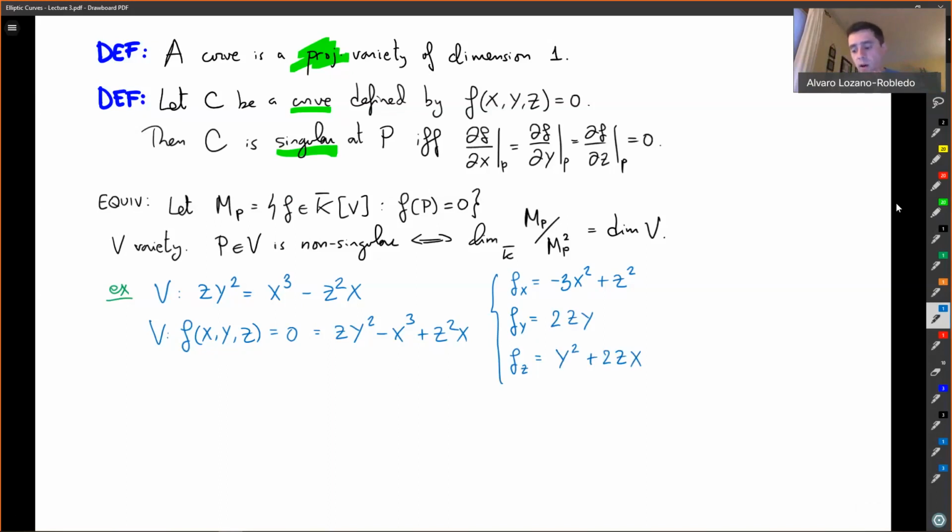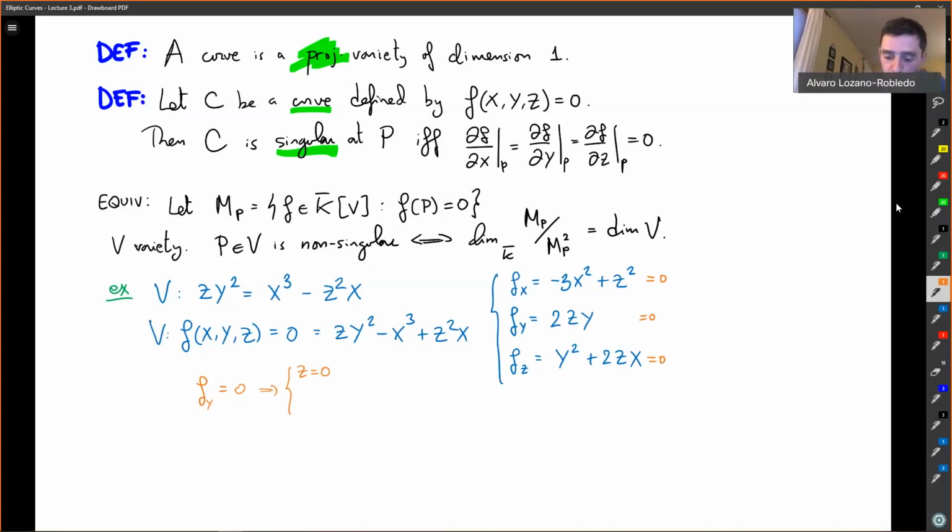Okay, so now let's argue. What happens if all of them vanish? Well, f with respect to y being 0 tells me that either z is 0 and that's why it vanishes, or z is non-zero and then y is the one that vanishes. So there are two options. If z is 0, it turns out that there is only one point on my curve.